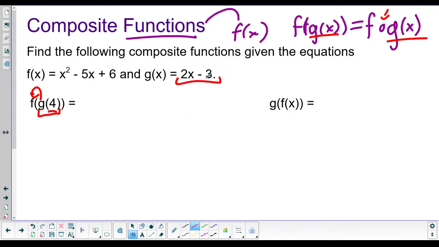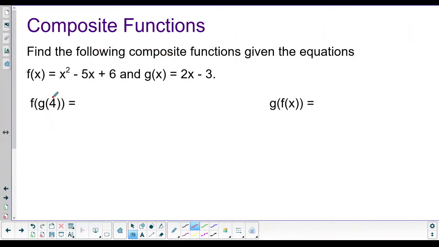You would take 2x minus 3, plug that into the x squared and the x in the negative 5x, simplify that, and then plug 4 into whatever that is. That's the hard way, and that's the way you would have to do it if this were an x instead of a 4. But it's a 4, so let's do it the easy way. Plug the 4 into the g function right there, simplify, and then whatever number you get, plug that number into the f function.